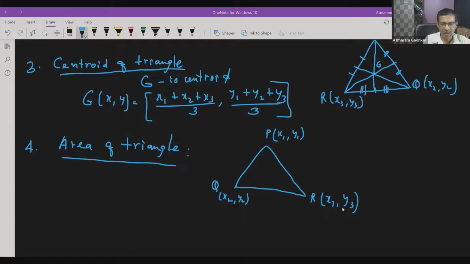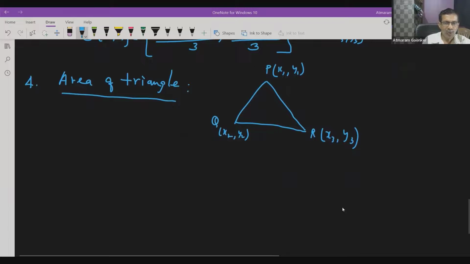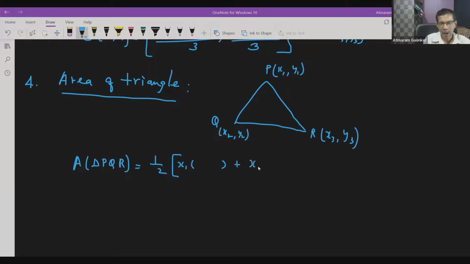And with these three coordinates, if you want to find the area of the triangle, then the area of triangle PQR is given by the formula. First it is half, then start with x1 and some bracket, plus x2 and some bracket, plus x3 and another bracket, and close the bigger square bracket.